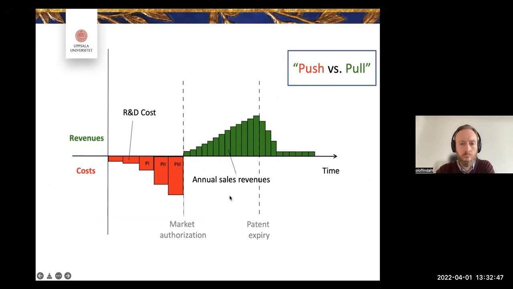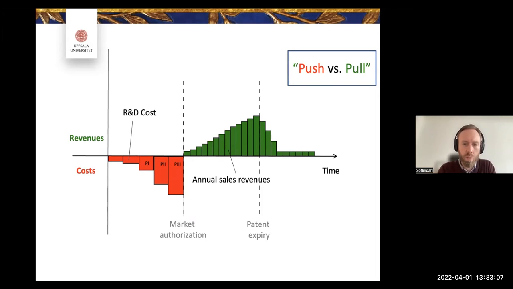So this is a more elaborate and colorful illustration of the journey, costs, the red stuff, revenues, the green stuff, where generally speaking in antibiotics, the costs are much bigger than the revenues.